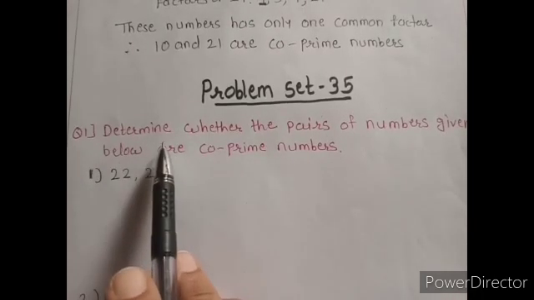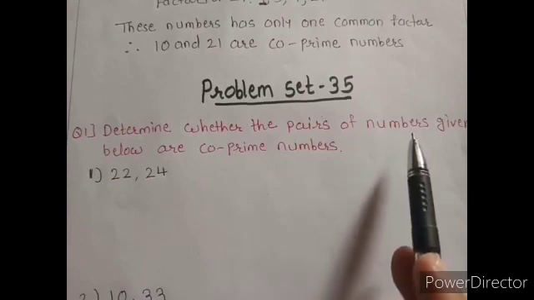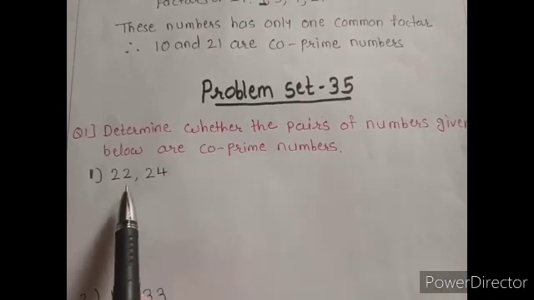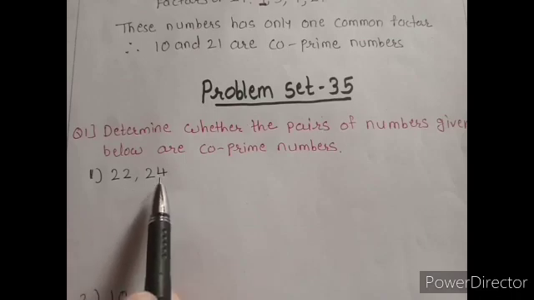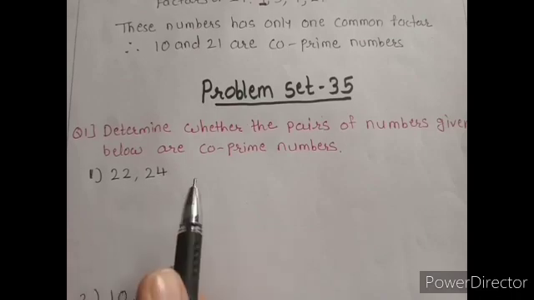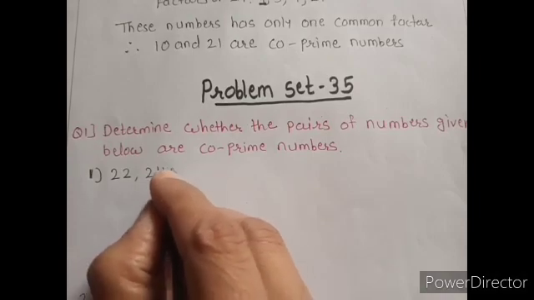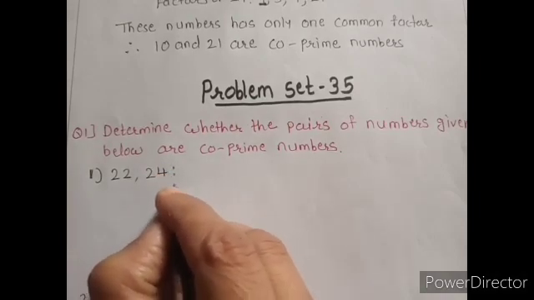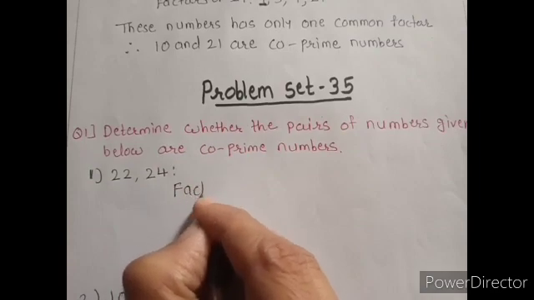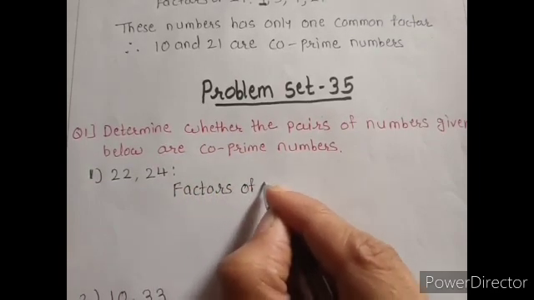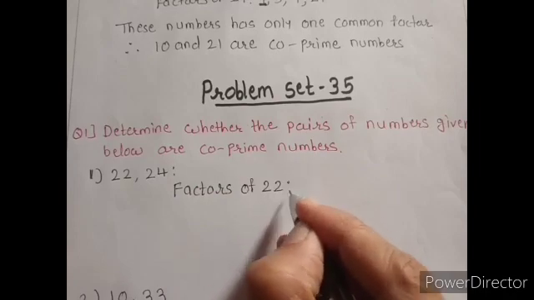Question number 1. Determine whether the pairs of numbers given below are co-prime numbers. First pair is 22 and 24. First we have to find out factors of 22. So here write down factors of 22.